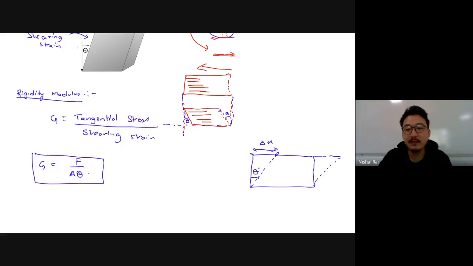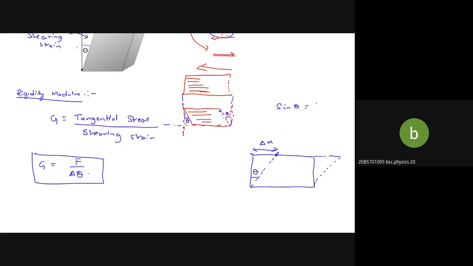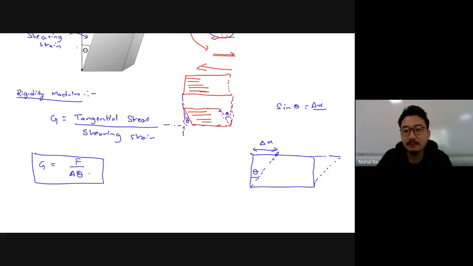But we are able to write in terms of theta. Do you know why? What is sine theta? Basically, the hypotenuse is this one, which we can roughly take to be of the same size.